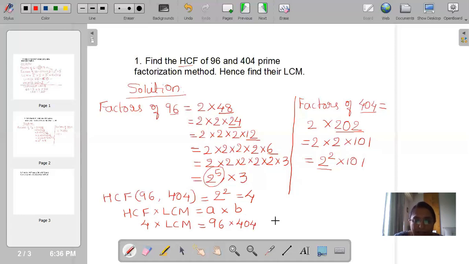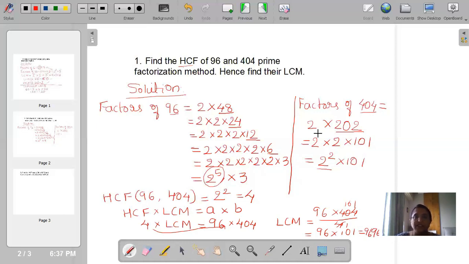Then LCM is equal to, I'll transfer this 4 here. It is 96 into 404 divided by 4. Again it is 96 into 101. So the answer is 9696.